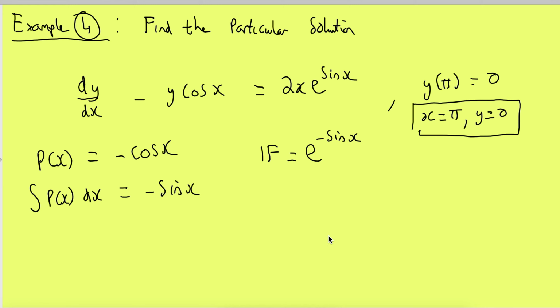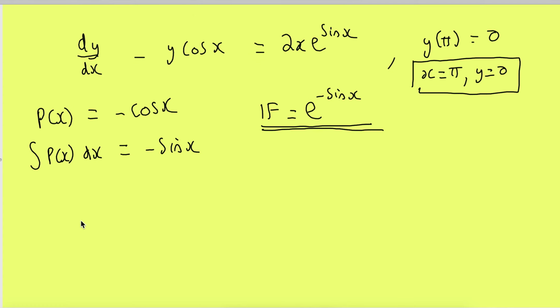Now, exponentials and sines and cos are completely different things. I can't simplify it, I can't do anything. So that's me as far as I can go. Right, so let's multiply both sides of this equation by e to the power of negative sine x.